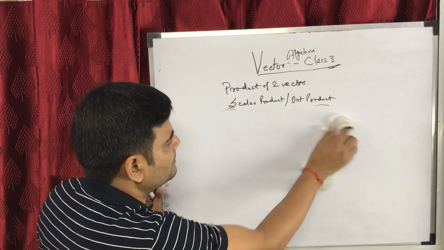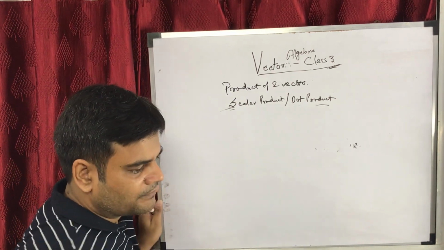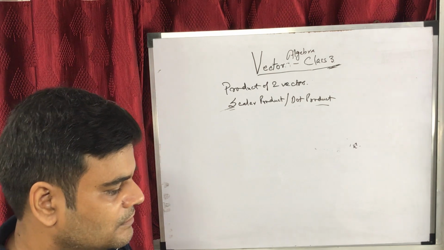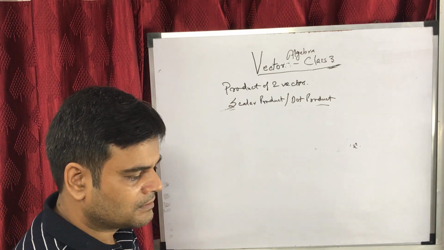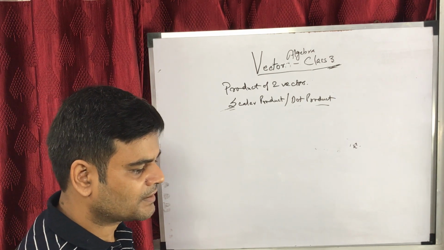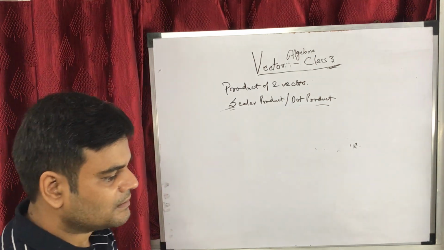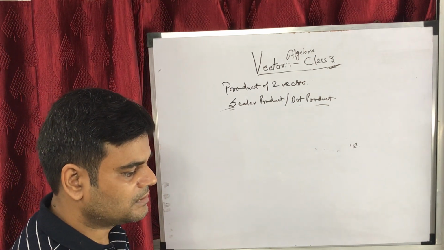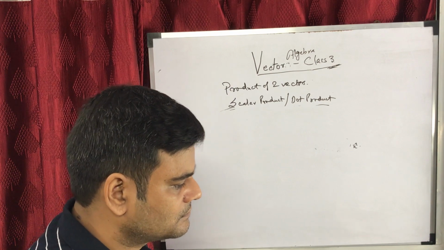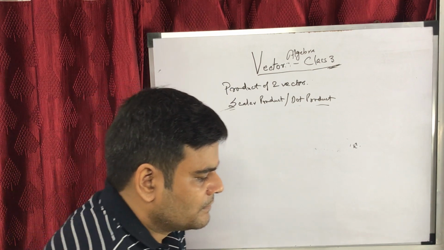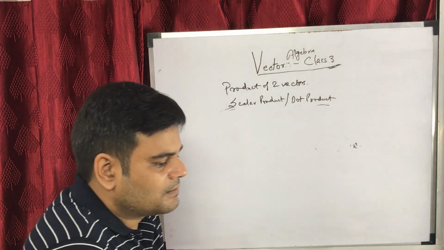Next, let us solve a couple of problems. That is what I told initially. We'll solve a couple of problems. I'm not going into the details. Find angle theta between vectors 1 and 2.